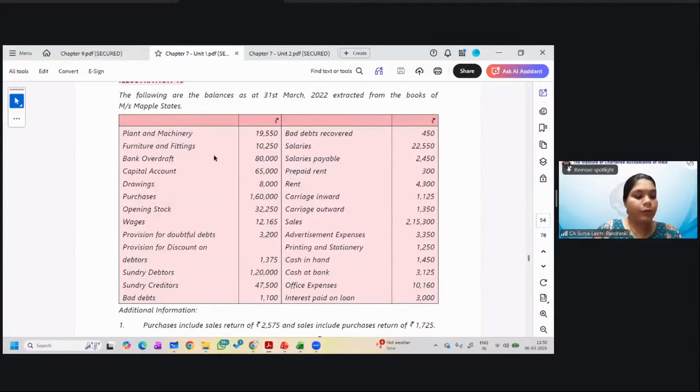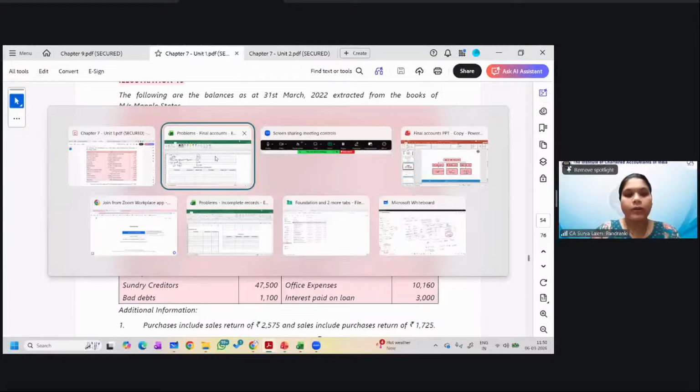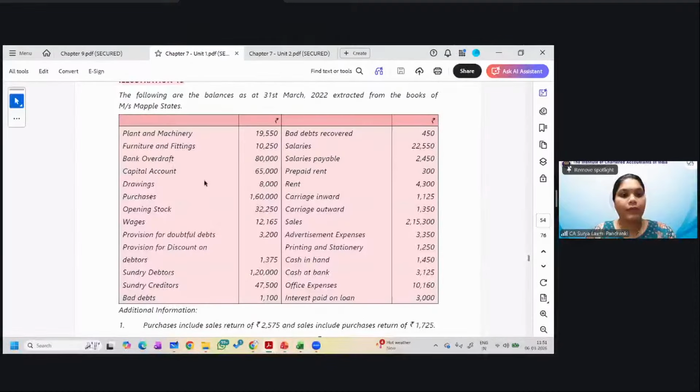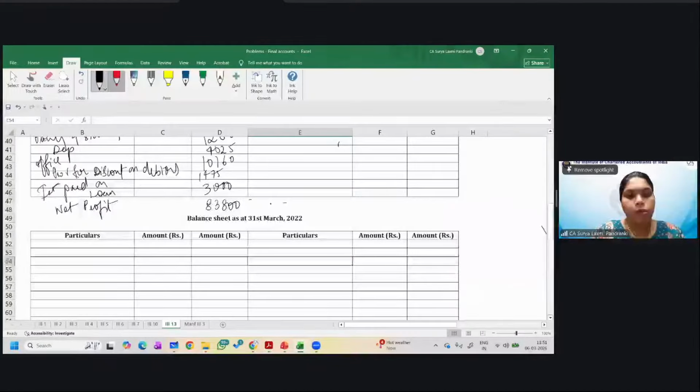The first item that we are going to take will be the capital account, correct? For the capital account, you will have to do adjustments of net profit and also the drawings. Both have to be adjusted. So what is the capital balance that we have? 65,000, right? And what is the net profit? 83,800.